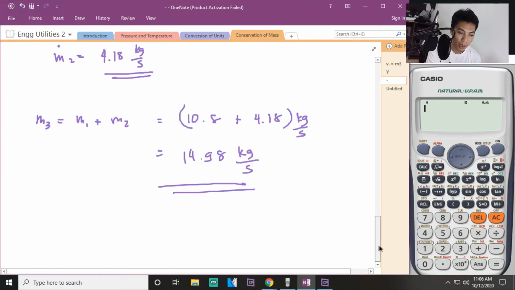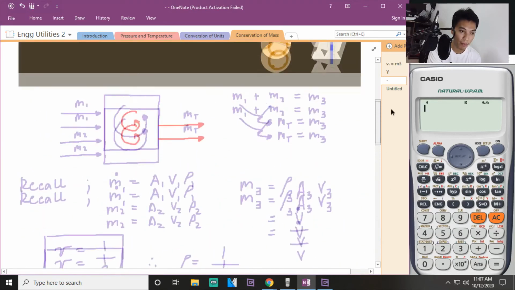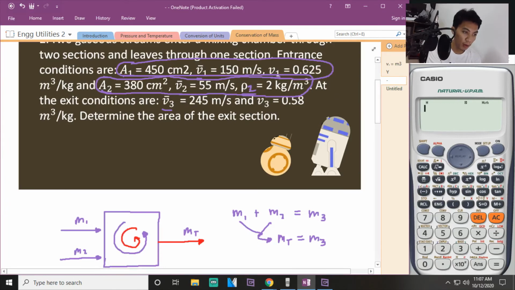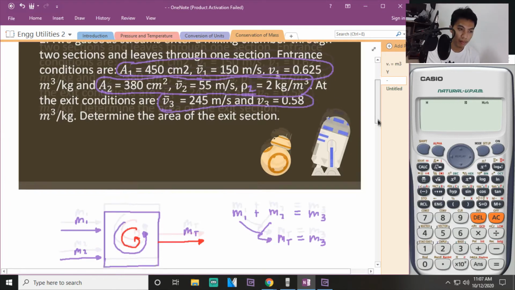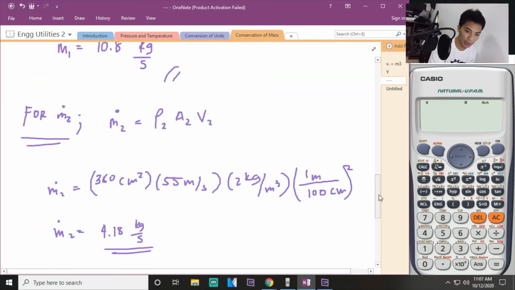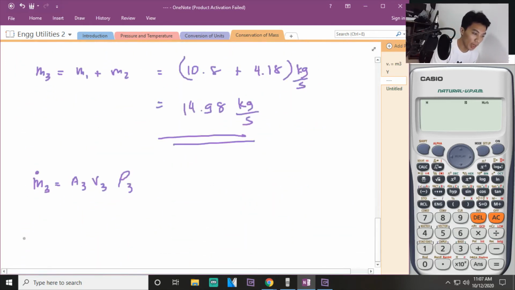Eh, hanapin natin dito yung area. So, we are asked to find area dun sa 3. So, A3, B3, density 3. Ano bang given kay 3? Specific volume at velocity lamang. Okay? So, we can find the area.